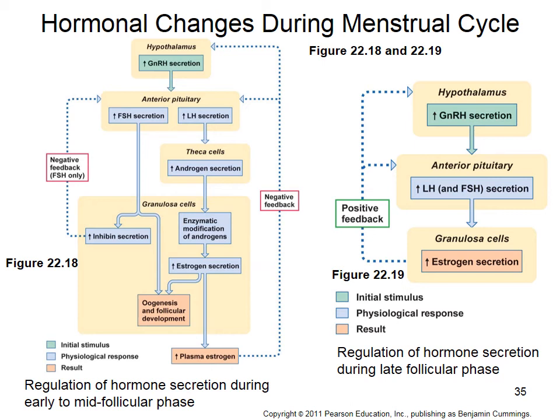We've got gonadotropin releasing hormone secretion from the hypothalamus, which causes FSH secretion and luteinizing hormone secretion from the anterior pituitary. LH targets the theca cells, which produce androgens. Theca cells actually produce testosterone, just like those Leydig cells.